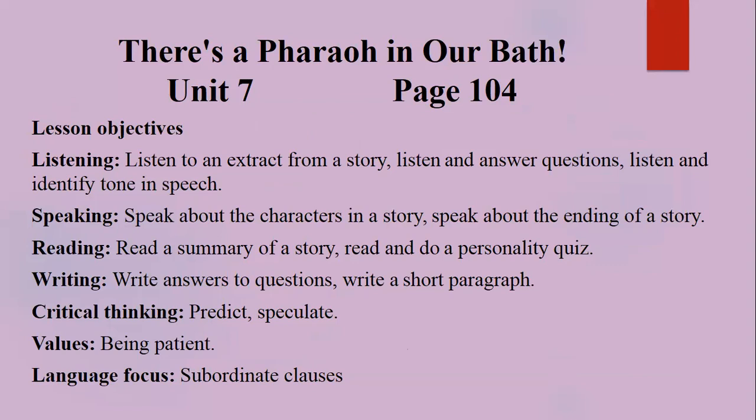We read the story and answered the questions after each part in a writing activity. We will discuss critical thinking, predict and speculate, and the moral of the lesson in the next class, and we will also discuss subordinate clauses.